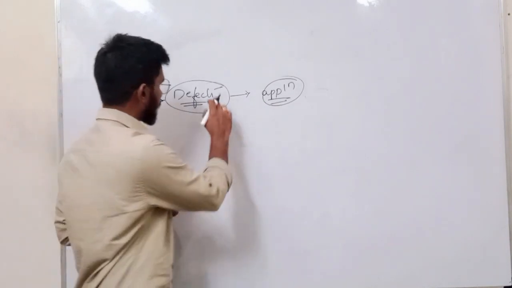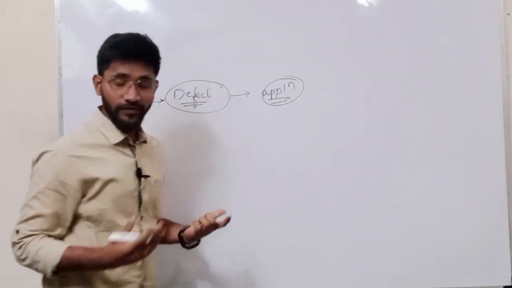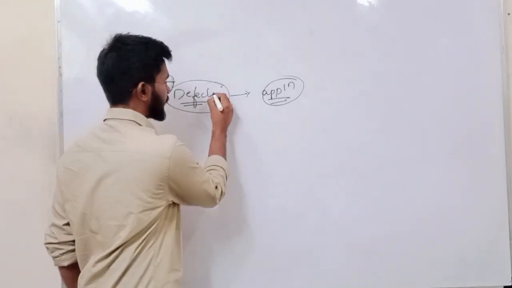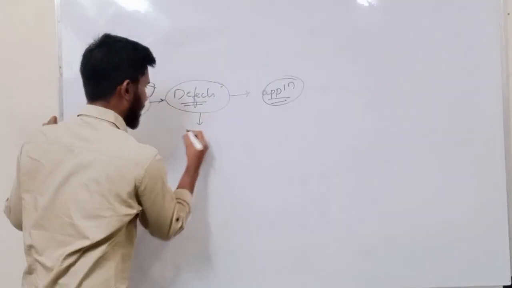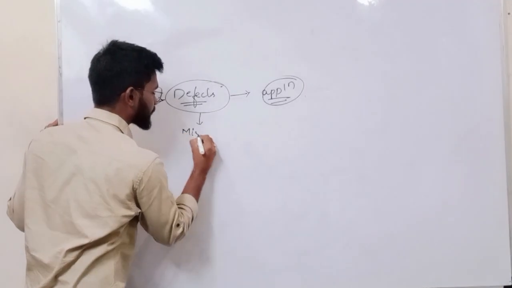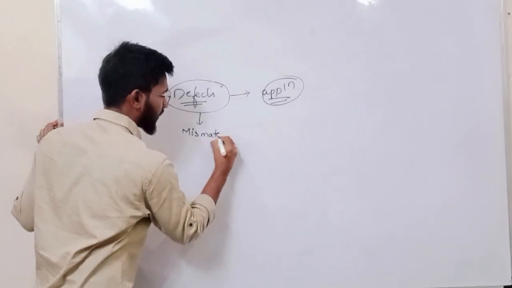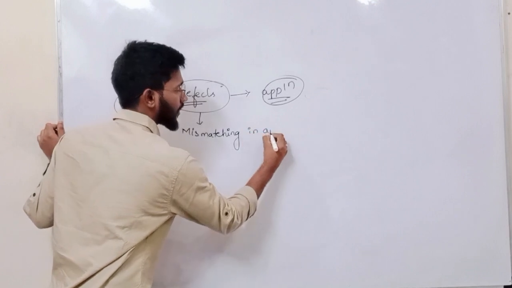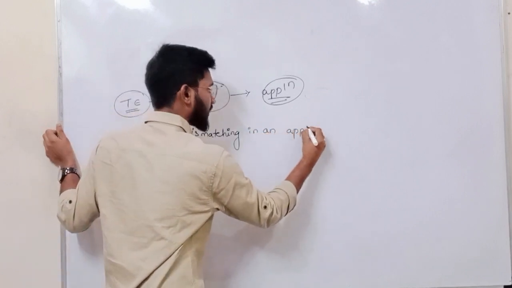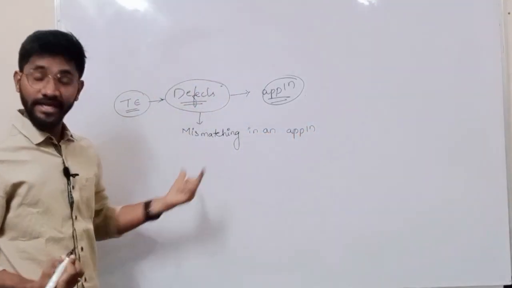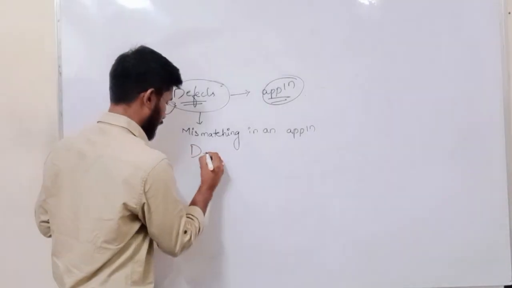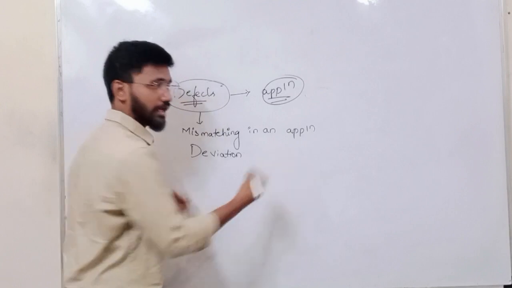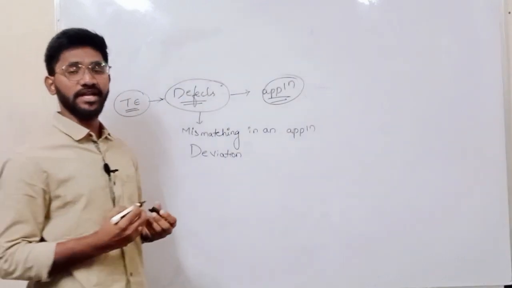Okay, now what is a defect? Sir, it is a number of mismatches known as defects. Simply I can say a defect is nothing but a mismatch in an application, or else we can call it a deviation in an application with respect to the customer requirement.